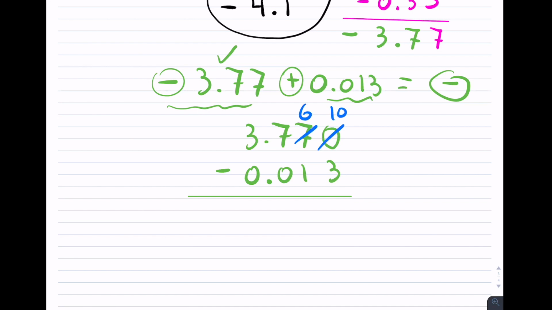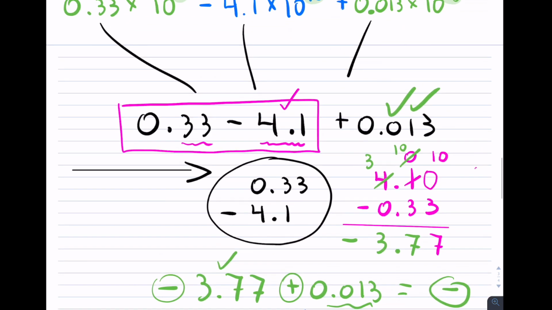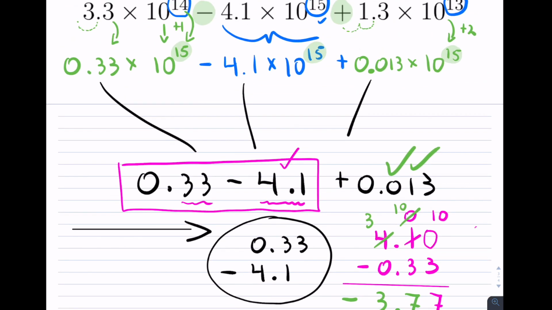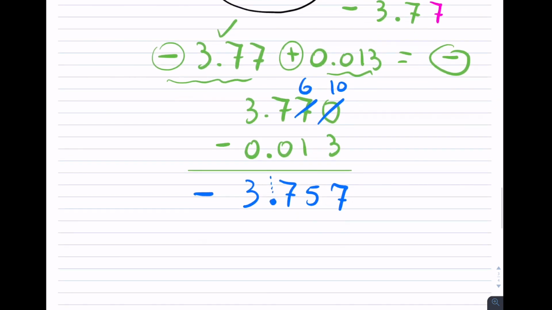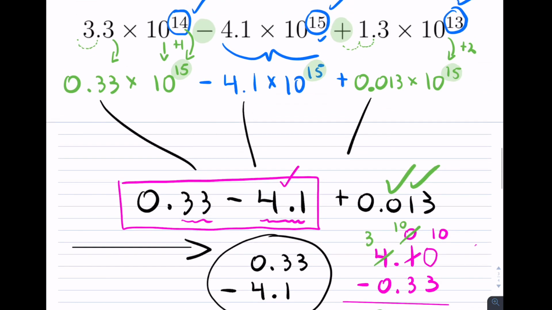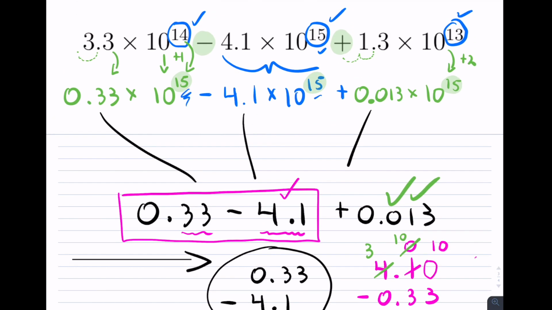This will turn to 10. 10 minus 3 is 7. Now 6 minus 1 is 5. 7 minus 0. This decimal stays the same. And then 3 minus 0. And the answer was negative. So a lot of work for this one. And now don't forget, times 10 to the 15, because that's what we found right there.